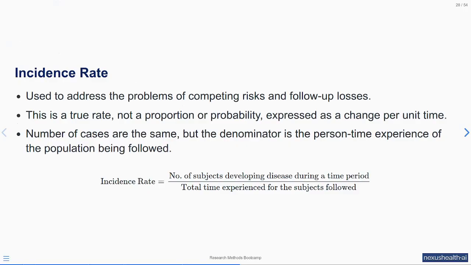The numerator, which is the number of cases, is the same, but the denominator is the person-time experience of the population being followed. So the incidence rate is given to us as the number of subjects developing the disease during a time period divided by the total time experienced by the subjects followed.